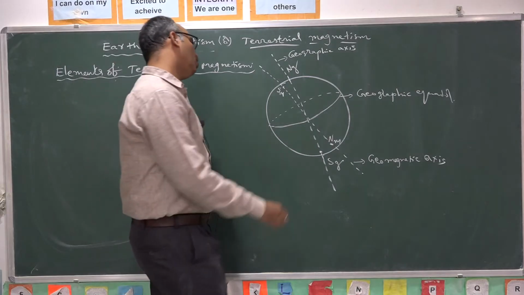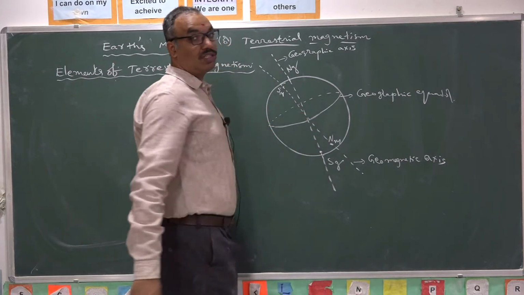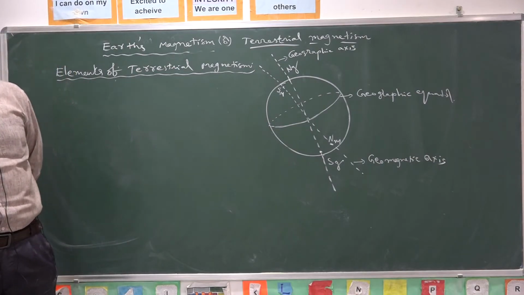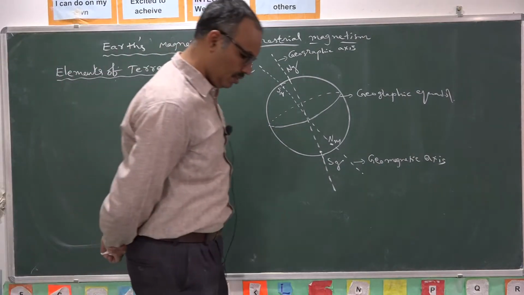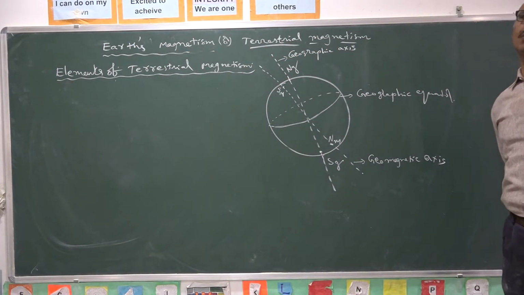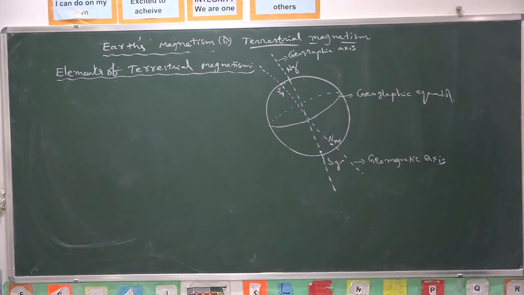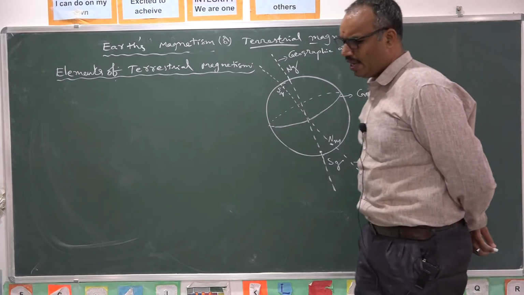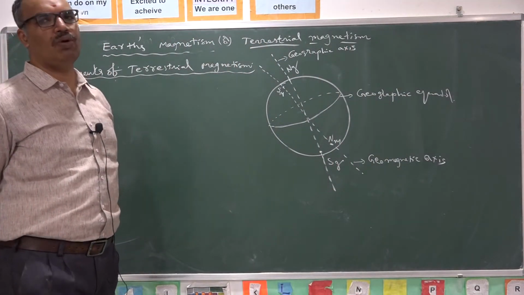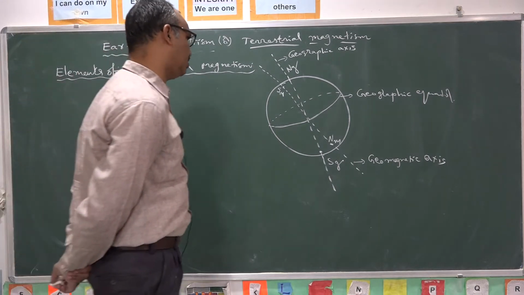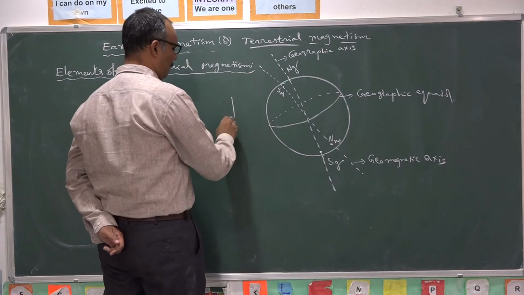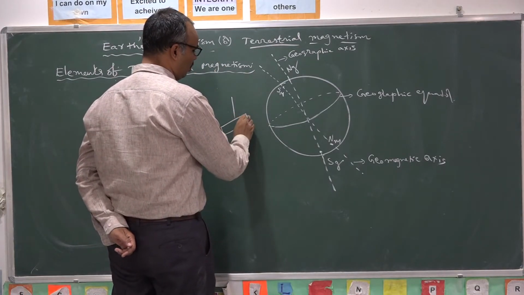Sir, how do you know about these north pole and south pole? We already discussed. Every magnet has certain properties like attractive property, directionality property, induction property, etc. In the directionality property, if you take any freely suspended magnet, it orients itself in the geographic north and south directions. That means if you suspend a magnet here, this magnet has a north pole and a south pole.